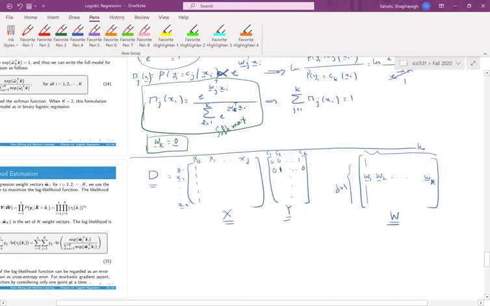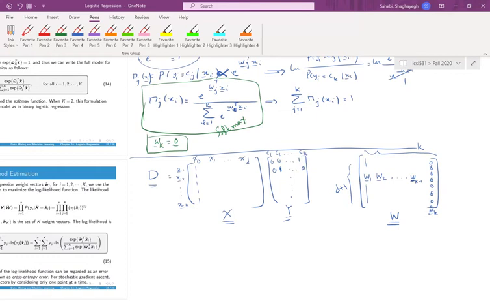Also, because we have selected wk as our base class, we only need to find the values of w until wk minus 1, and we have decided that the weight vector for wk is all 0. Okay, so we have a matrix X, a matrix Y, and a matrix W.